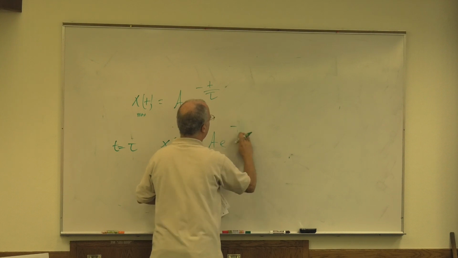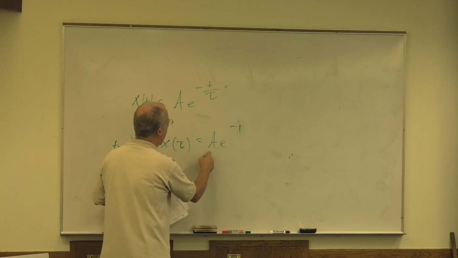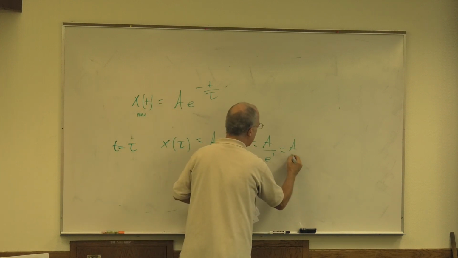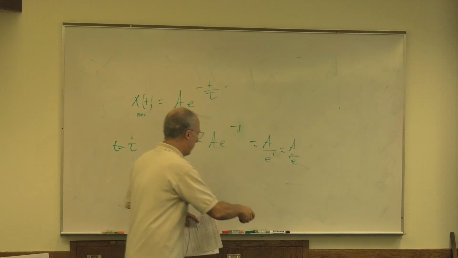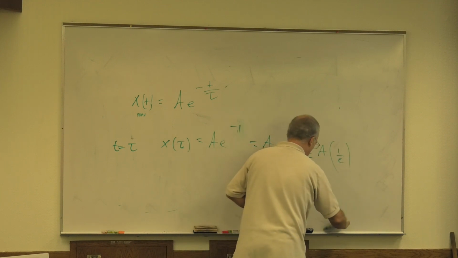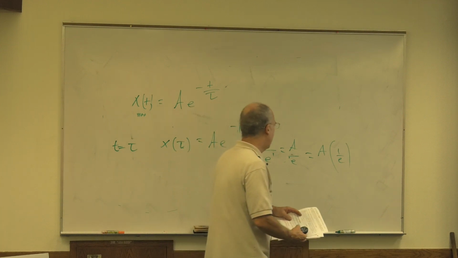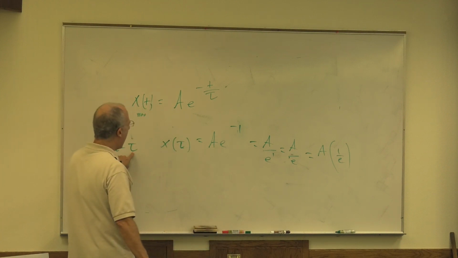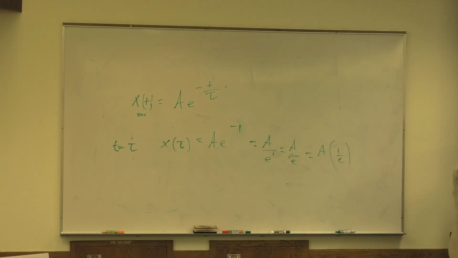So I have e to the minus 1. That means x equals a e to the minus 1, which is a over e, the same as a times 1 over e. Most people who do math a lot know that 1 over e is 0.37. So when the time equals tau, the x max is just 0.37 times the amplitude.